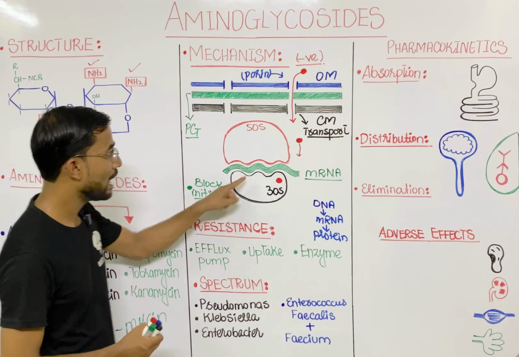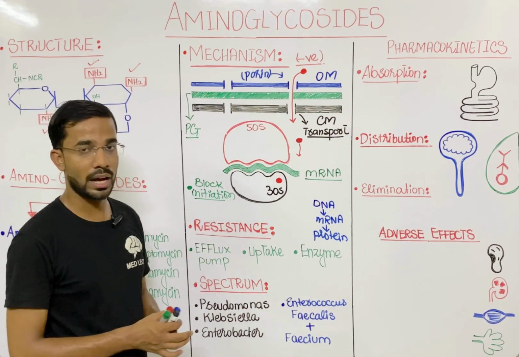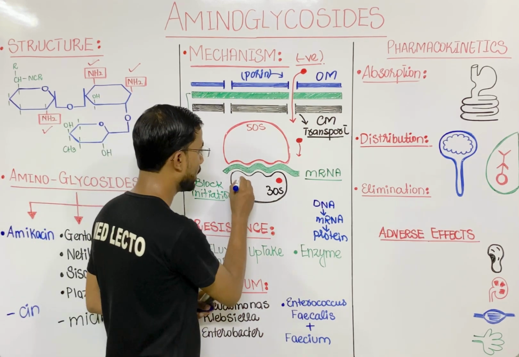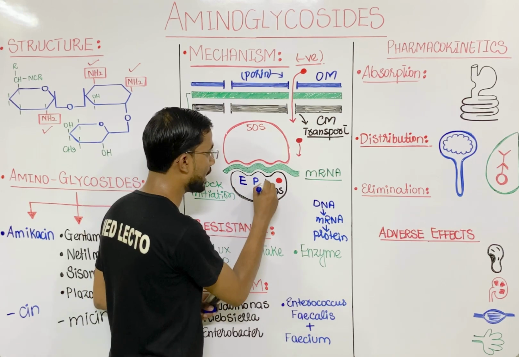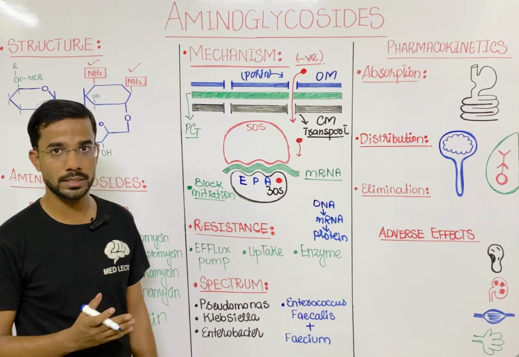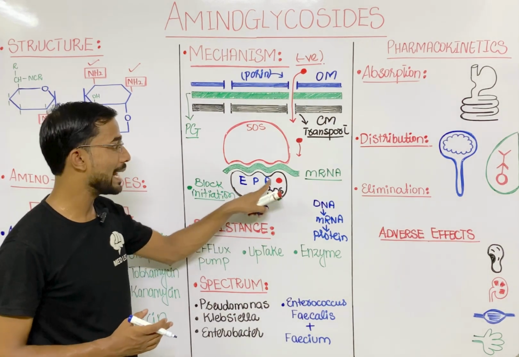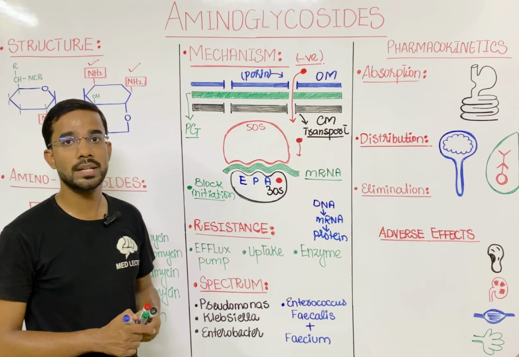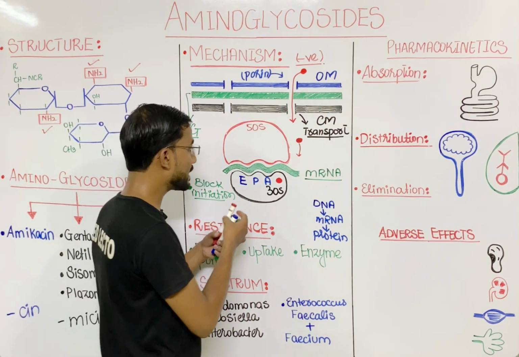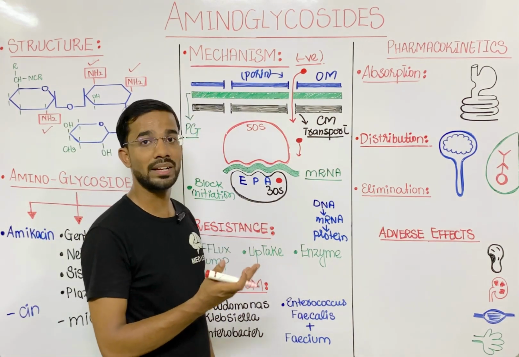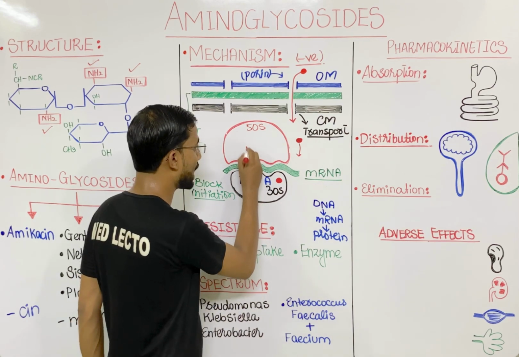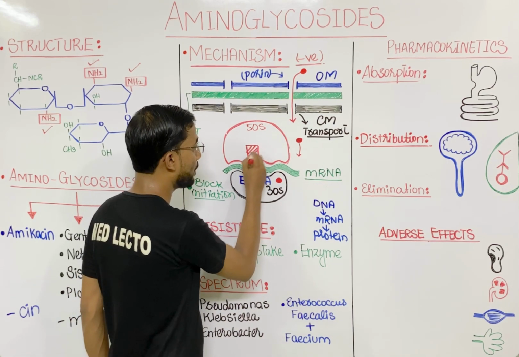Next, at certain points in the messenger RNA, you will see E, P, A, three most important sites. E for exit site, P for peptidyl site, and A for aminoacyl site. Basically, transfer RNA having amino acid. First of all, it attaches to the peptidyl site.